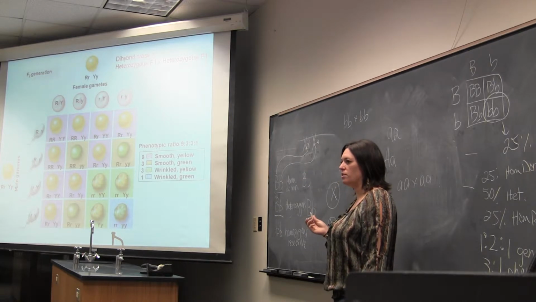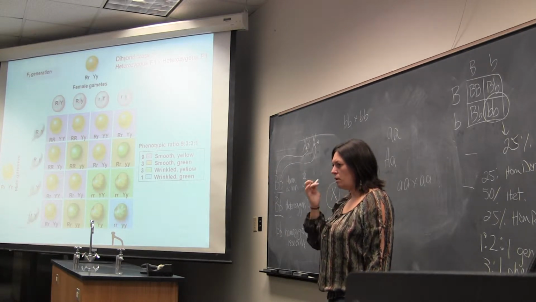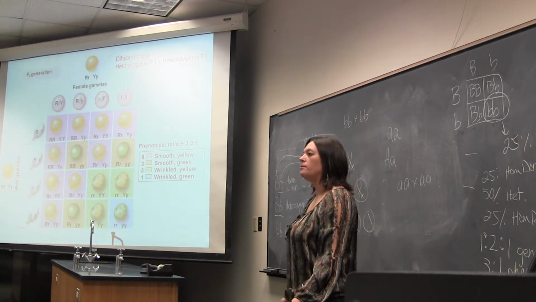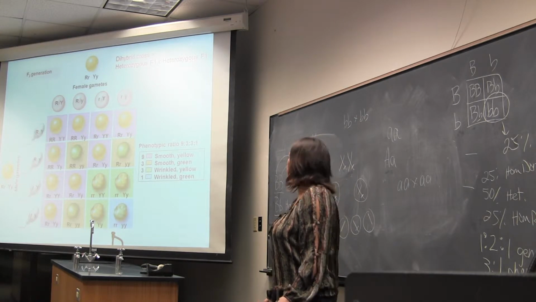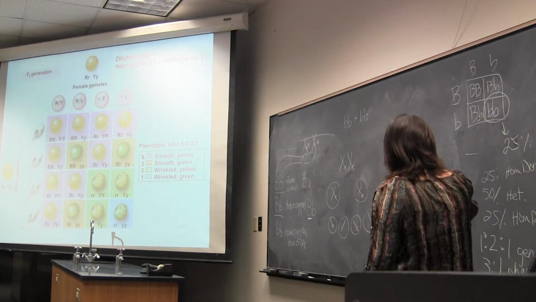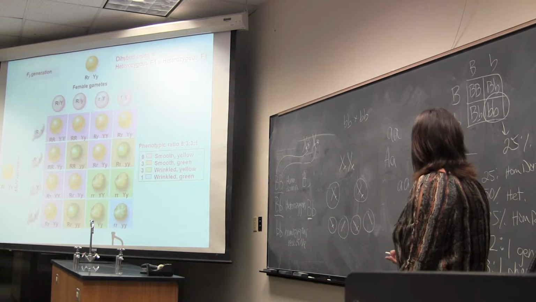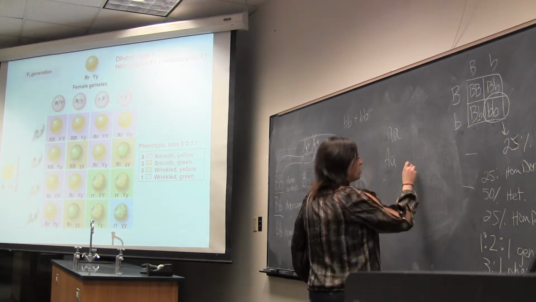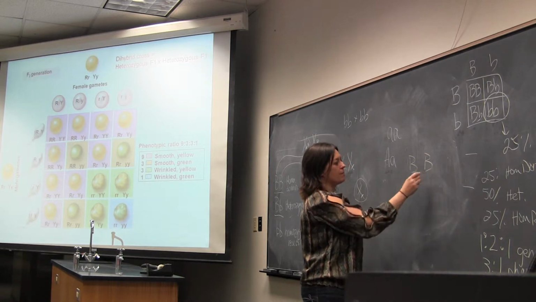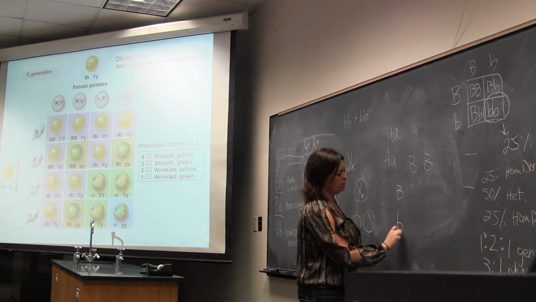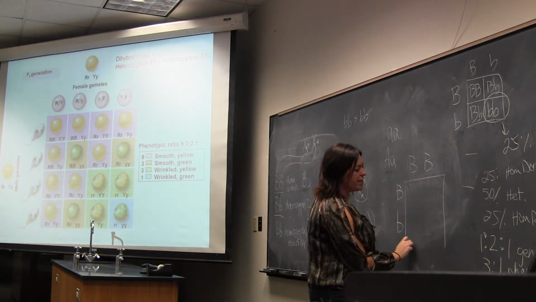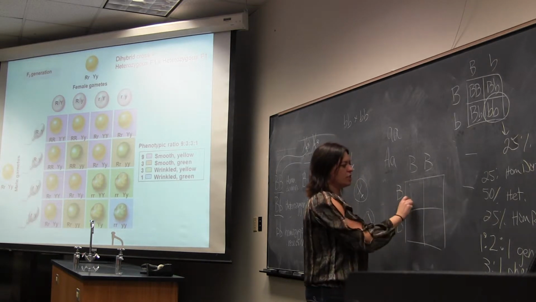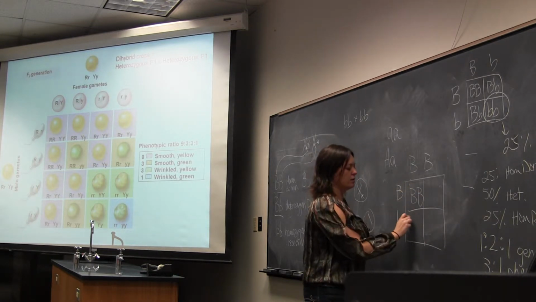Other questions? What's the difference between a phenotypic and a genotypic ratio? Okay, let's go back to this example right here. So we'll go back to the brown hair. The phenotype is what the individual looks like.